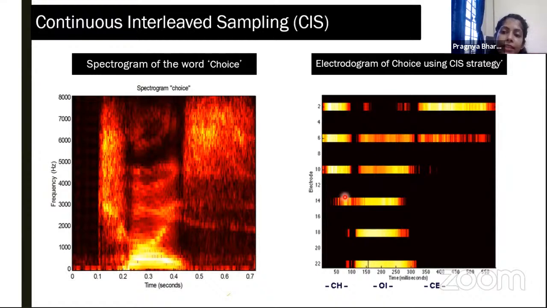On the right is the electrodogram of the same word using the same strategy. Here you can see the high rates which are used, so most of the transitions are picked up. However, during perception, because only a fixed number of electrodes are used, the spectral information being depicted may get limited.